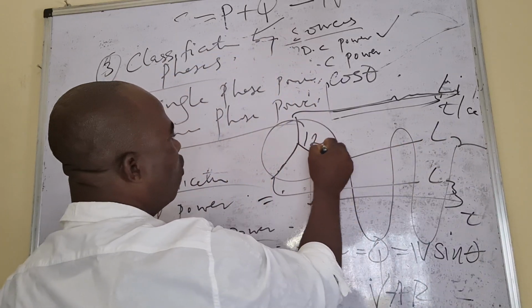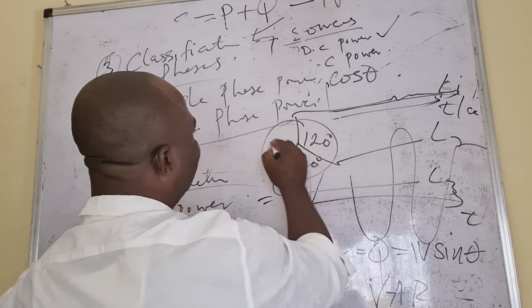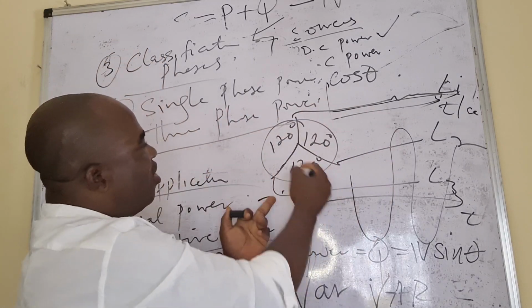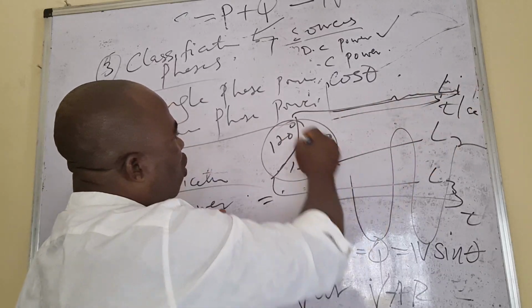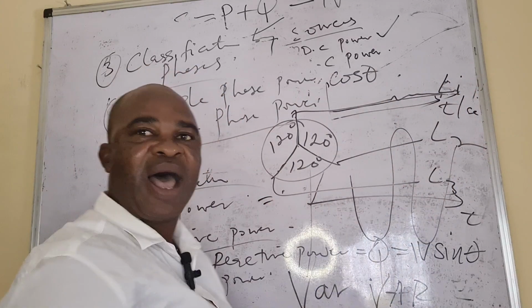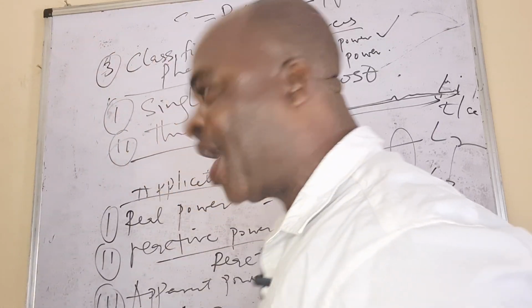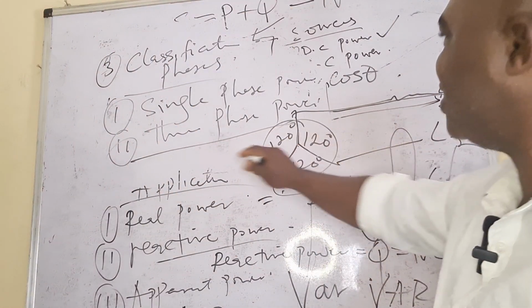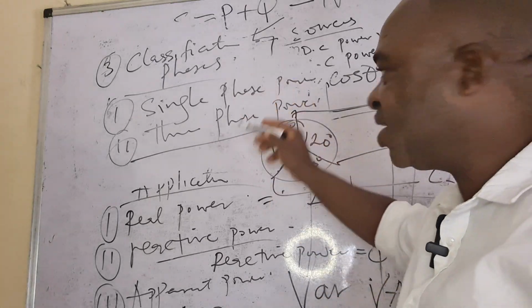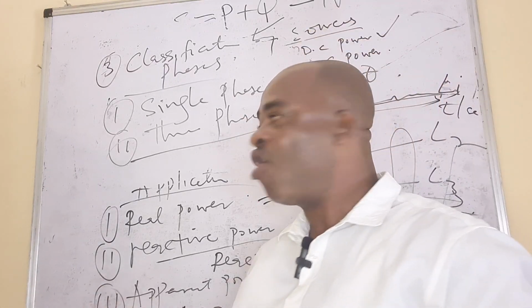So you can see 120 degrees apart. In this drawing, all the lines L1, L2, L3 are spaced out, and that is why we say it's a three-phase system. You can see it's three lines. Single phase is only just one waveform oscillating.